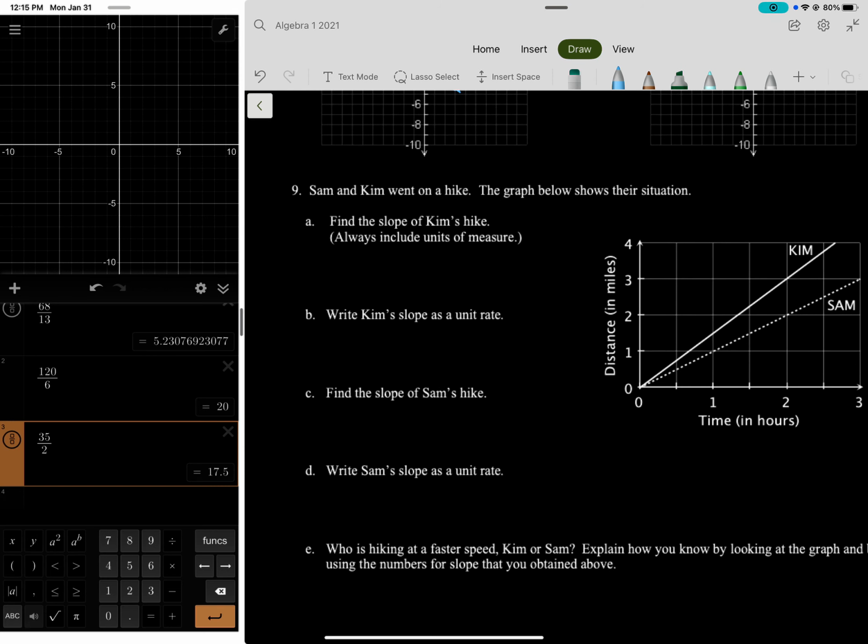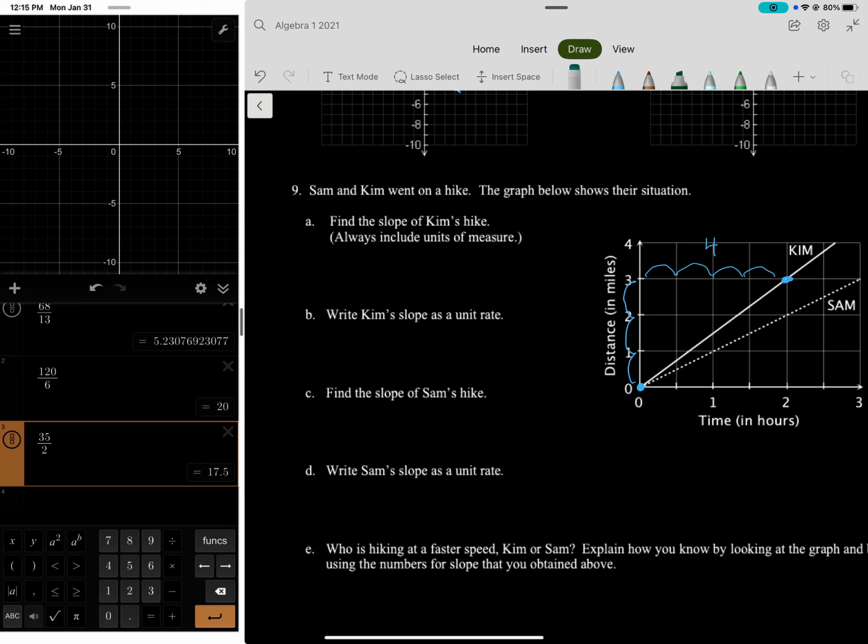So find the slope of Kim's hike. Kim started here at 0, 0, and the next place that it kind of crosses nice is right there. So to find her slope, I got to do rise and run. So it looks like she rises +3 and then runs +4. Now, what are the units? On the rise, it's distance in miles.